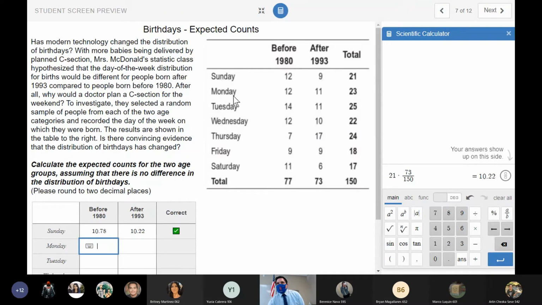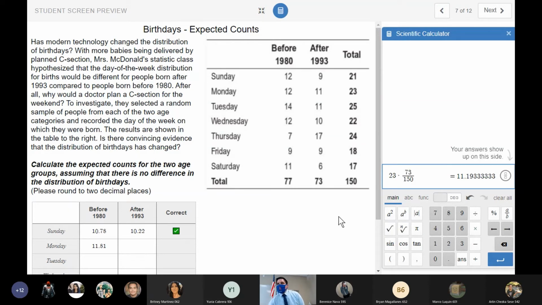Monday before 1980 for this table, we'll use this row, 23 times 77 divided by 150. We get 11.81 after rounding. And we'll just go back in, same row, so 23 stays, times 73 divided by 150.